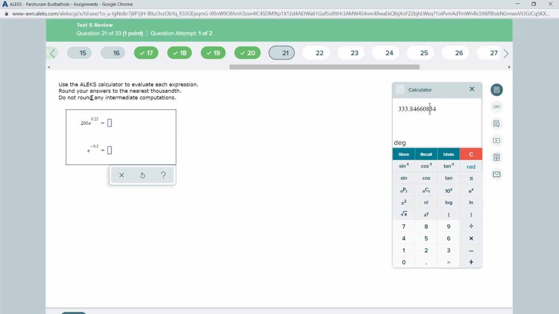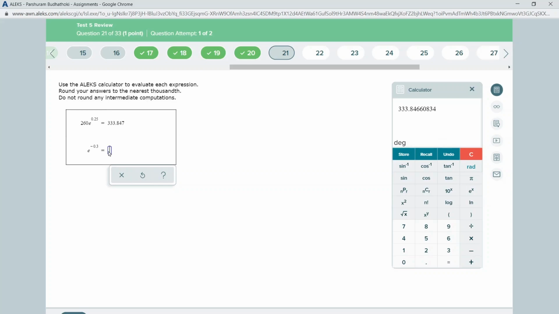And if you want to round, do not round any intermediate. Round your answer to the nearest thousandth. So that would be 333.847, nearest thousandth. So that means instead of 6, because the next digit is greater than 5, it should be 7.